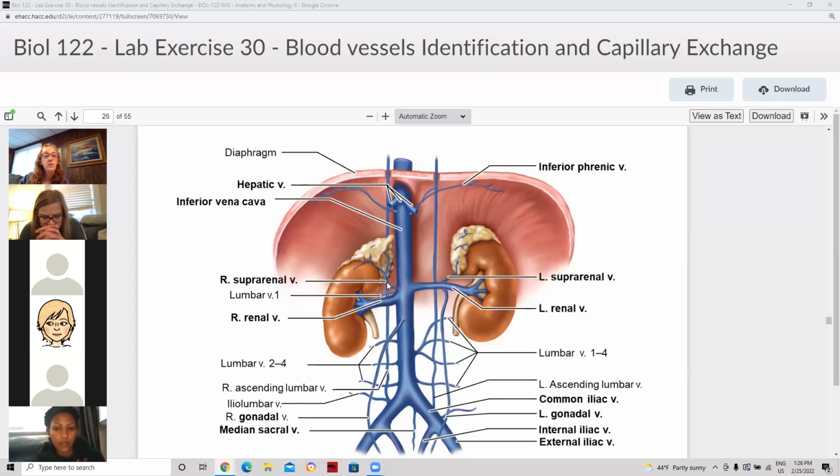This right suprarenal vein, the left suprarenal vein. The right and left renal veins.